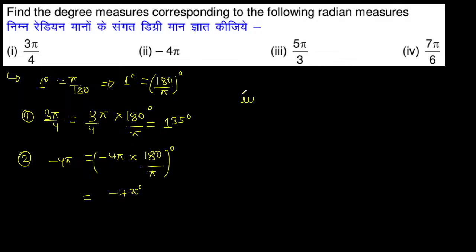Third number, 5 pi by 3 radian is equal to 5 pi by 3 into 180 by pi, which is equal to 300 degrees.